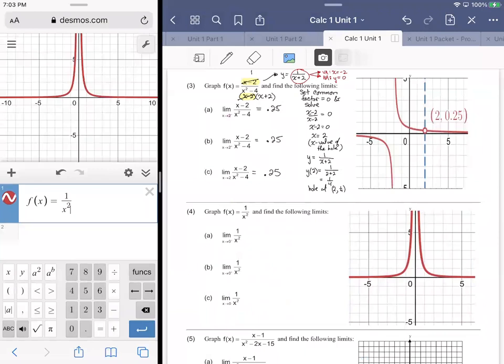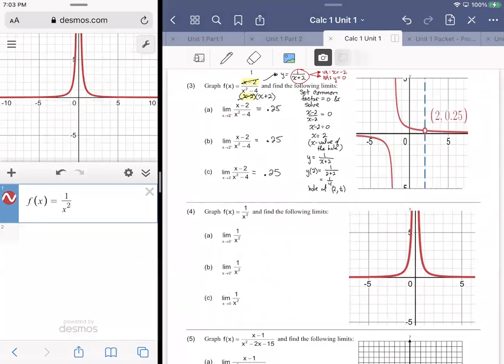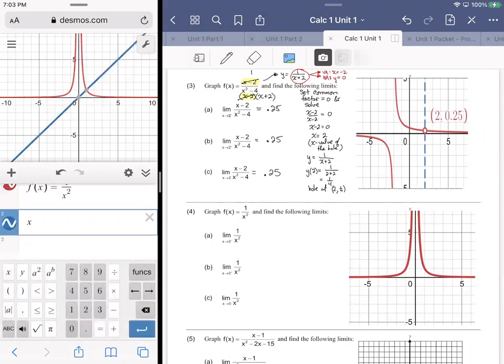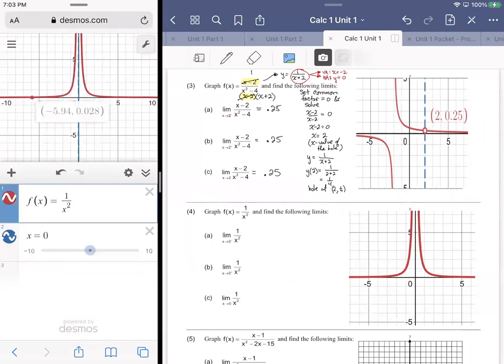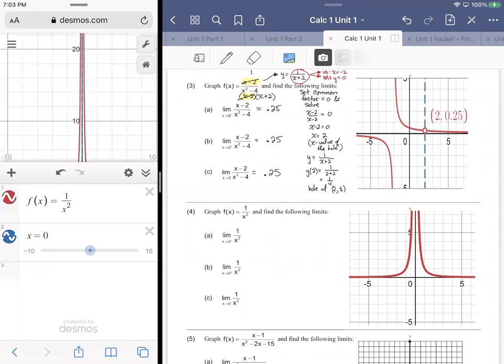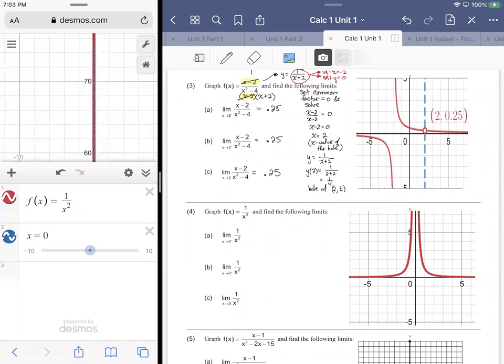So just following the graph from left to right, we're approaching an x value of 0. So that's just the y-axis. I mean, I can still put it in. Make it look nice. As I approach that x value of 0, the y value I appear to be closing in on, if I could close in on anything, would be positive infinity.